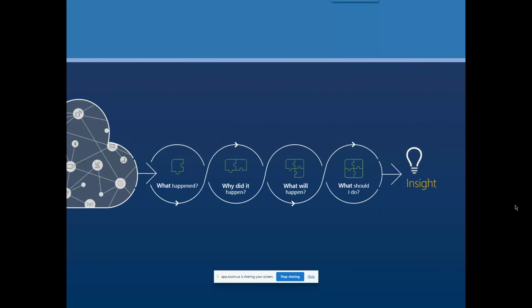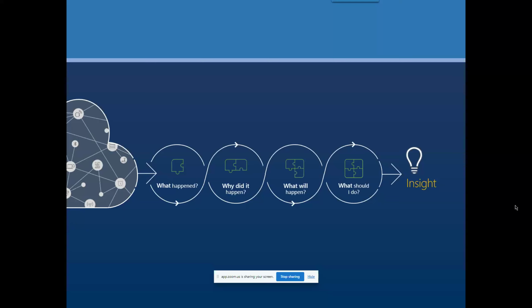So the normal question everybody as a project manager will be asking to the data: what happened in the previous project? These are logical steps to get insight. So why did it happen? What will happen? Can I predict that there will be a delay in a project? Can I predict that my spend will be more than my forecasted? And what should I do?